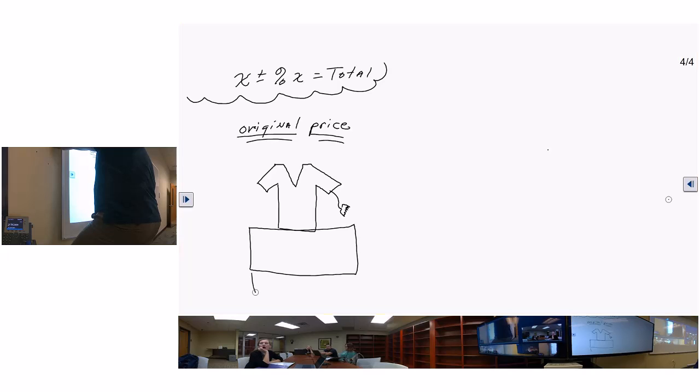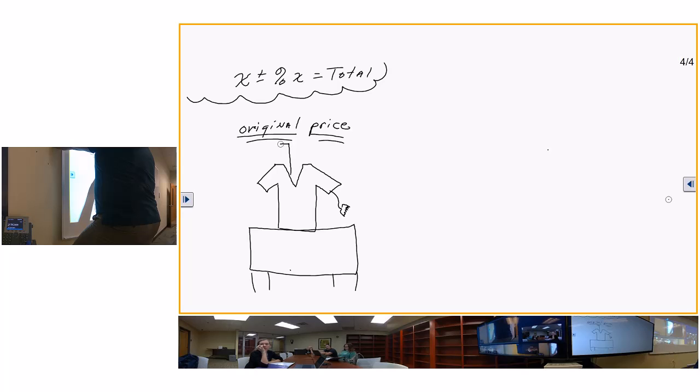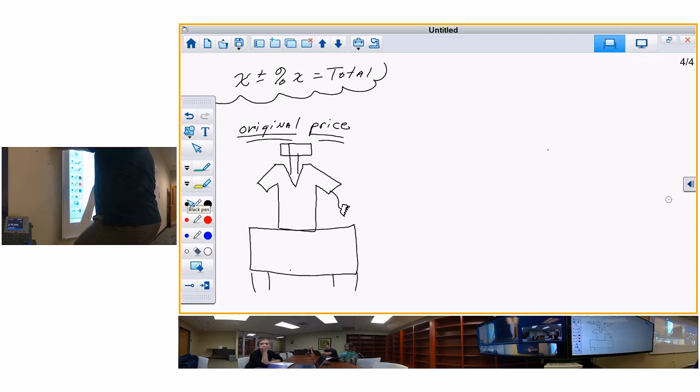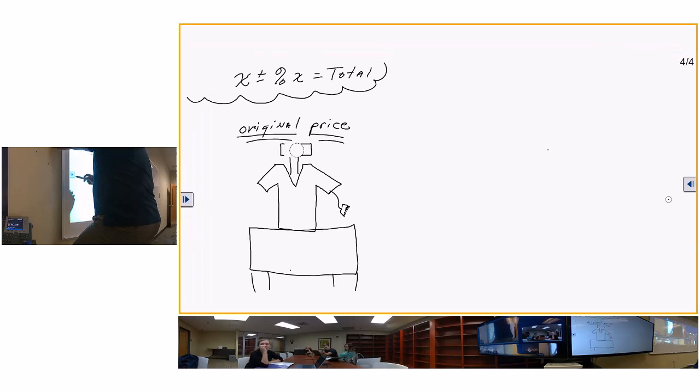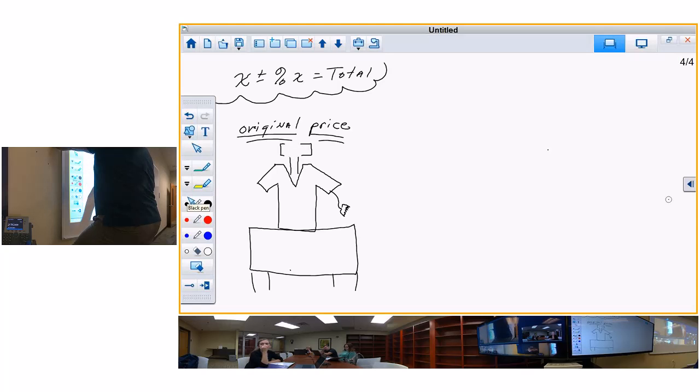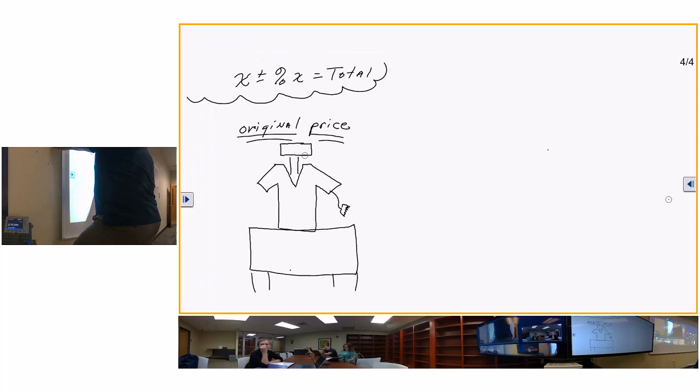There's a bunch of these shirts in the main aisle, and you got a sign at the top, and the sign says 27% off. Now I know that's an odd number, but there's a reason I chose 27.